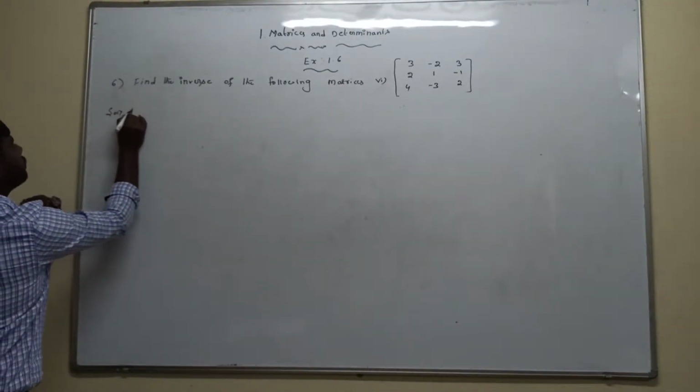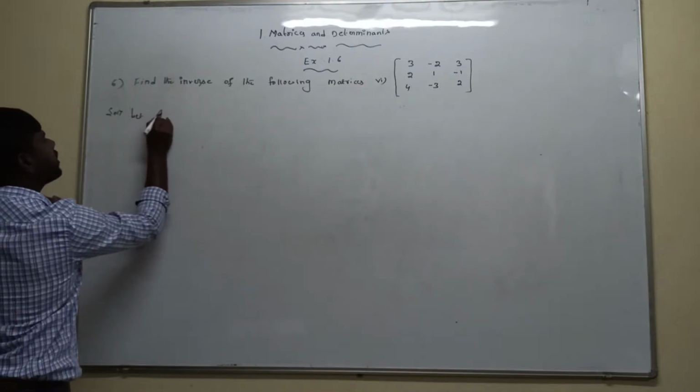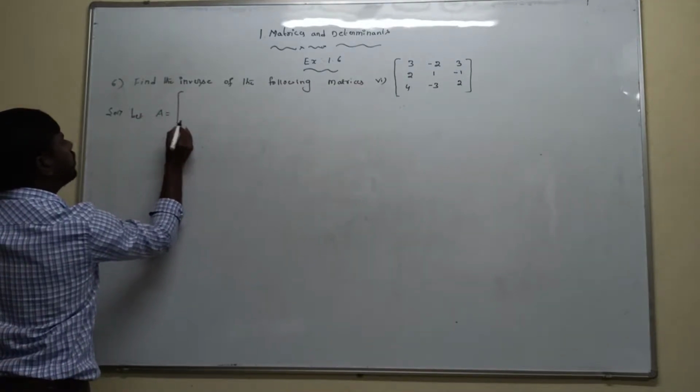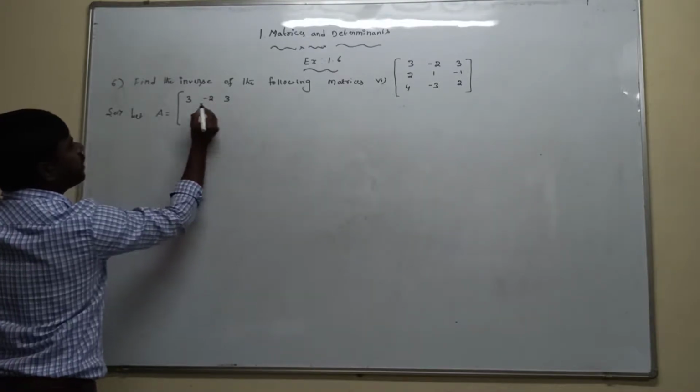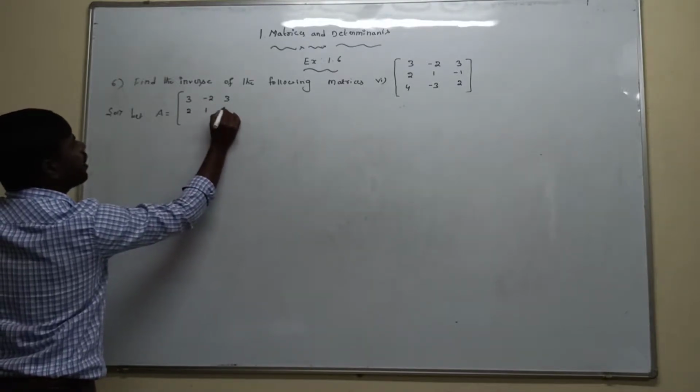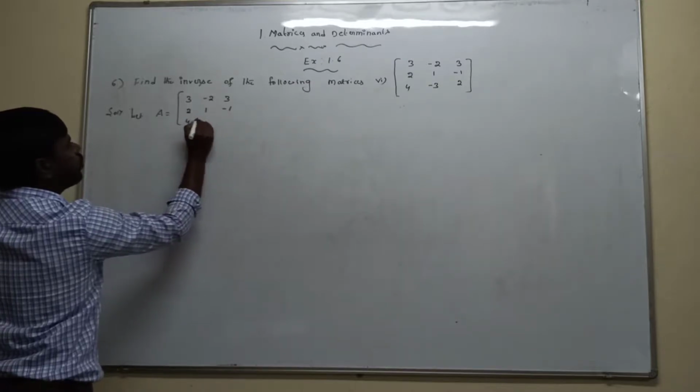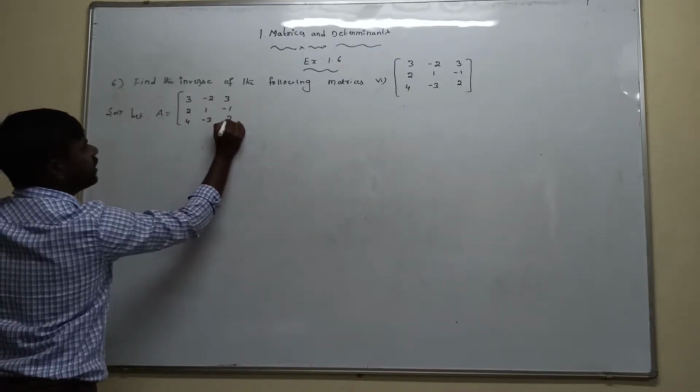So let us consider capital A is equal to the given matrix: 3, -2, 3; 2, 1, -1; 4, -3, 2.